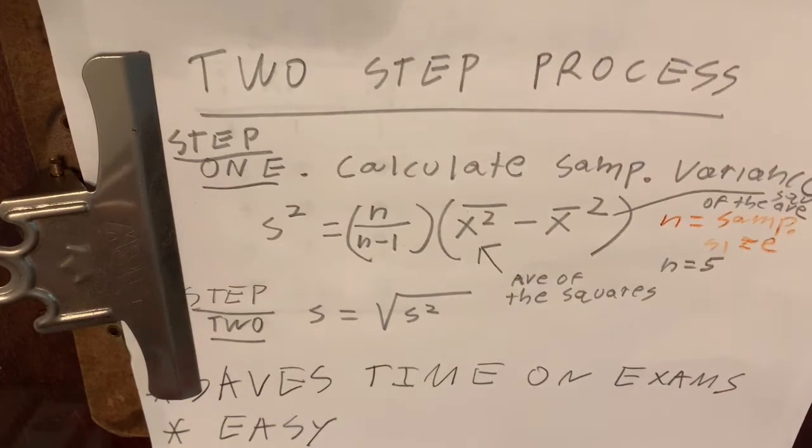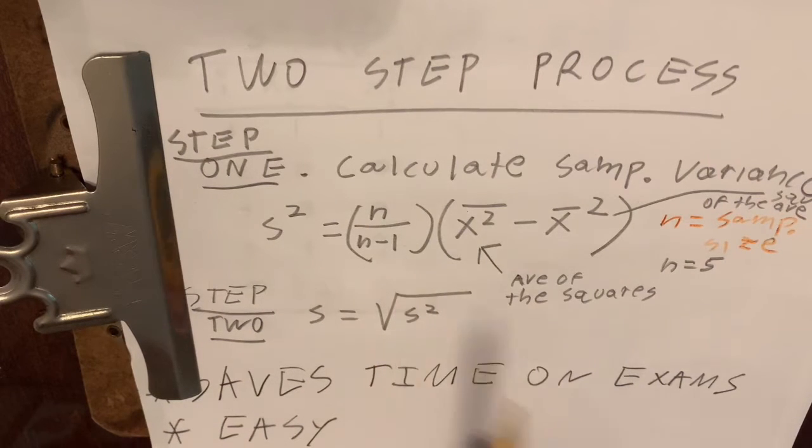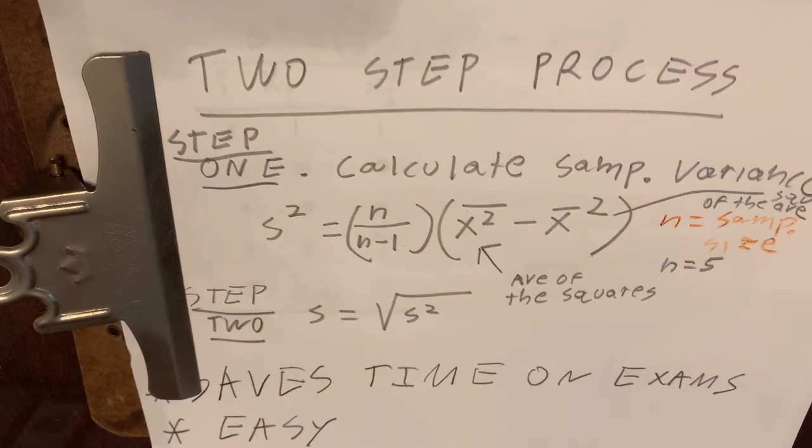So that might seem a little bit complicated. We're going to take 5 divided by 4, and then multiply it by this quantity, which is the average of the squares minus the square of the average.